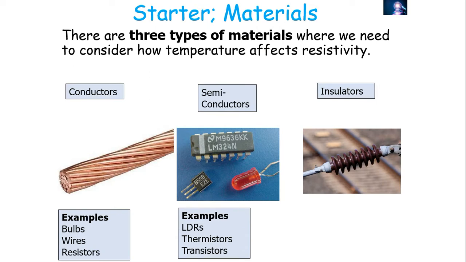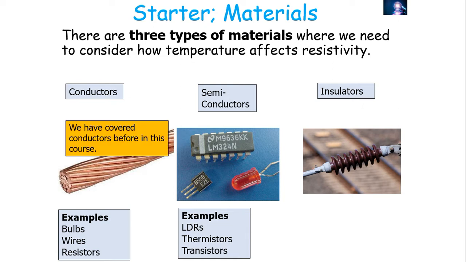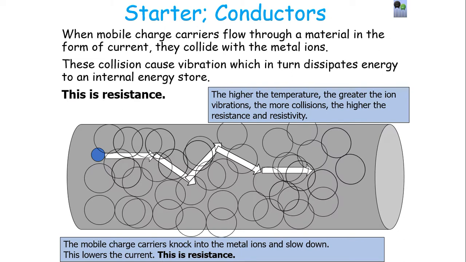There are three types of material where we need to consider how temperature affects resistivity: conductors, semiconductors, and insulators. We've covered conductors before in the course. Basically, when mobile charge carriers flow through a material in the form of current, they collide with metal ions. These collisions cause vibrations, which in turn dissipate energy to an internal energy store, which is resistance.